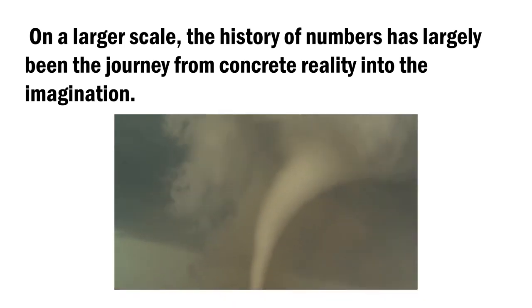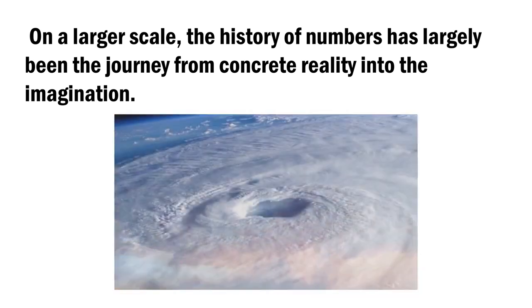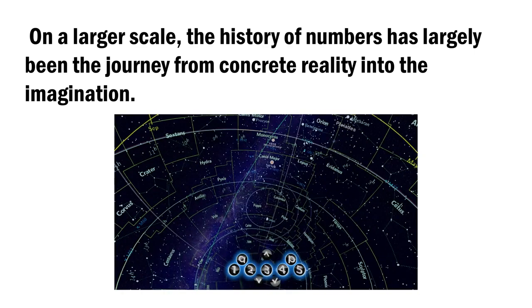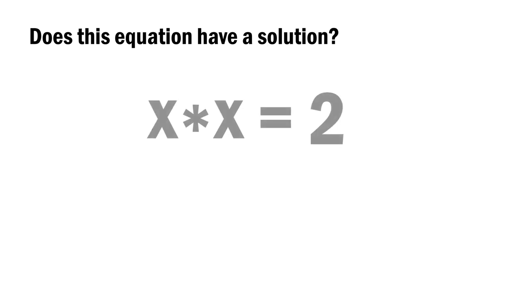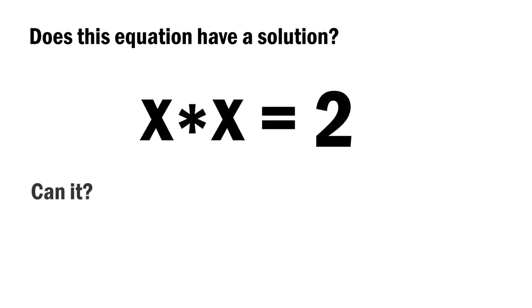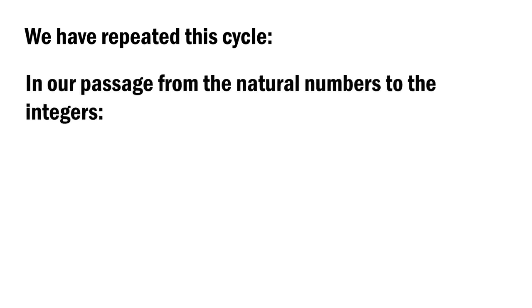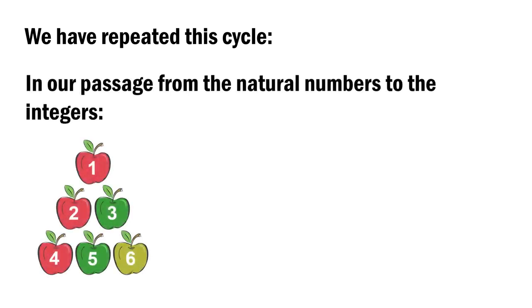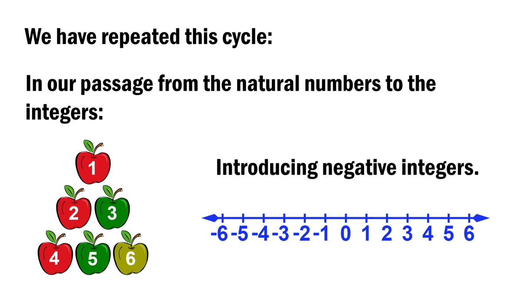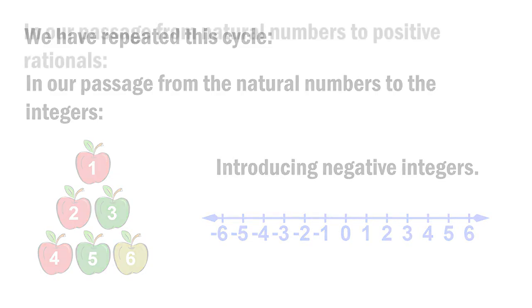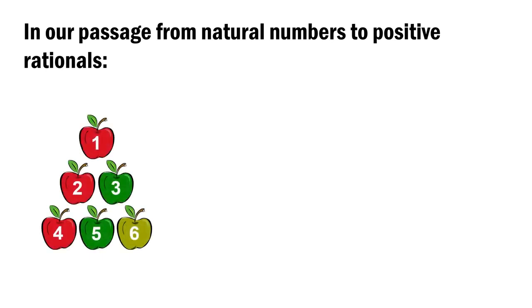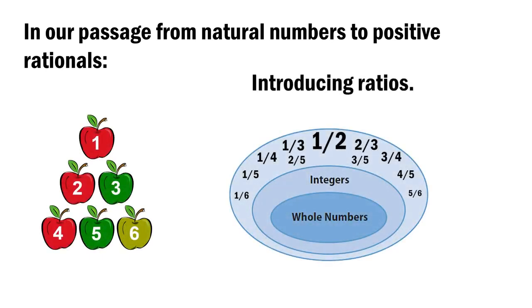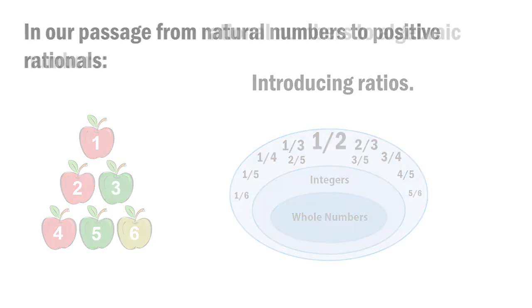Now, on a larger scale, the history of numbers has largely been the journey from concrete reality into the imagination. Does this equation have a solution? Can it? We have repeated this cycle in our passage from the natural numbers to the integers, introducing negative integers. In our passage from natural numbers to positive rationals, introducing ratios.